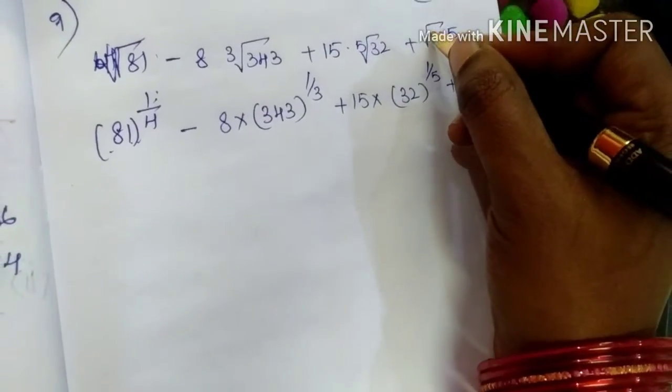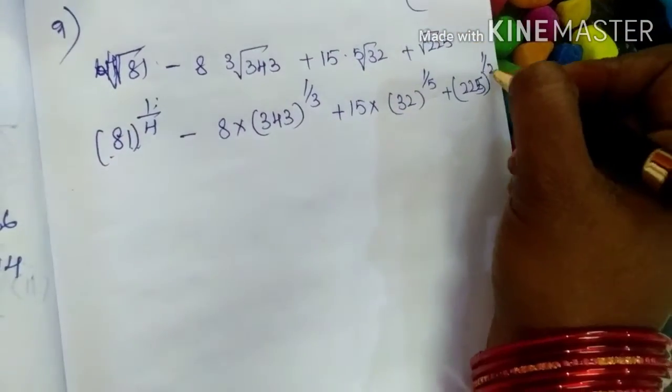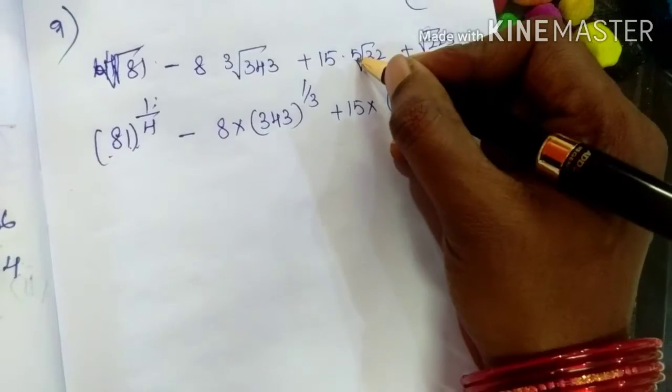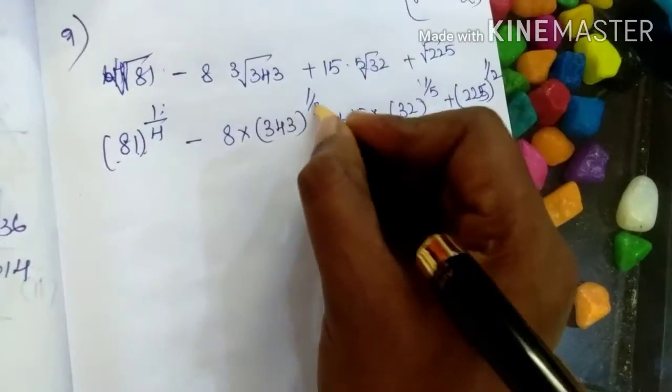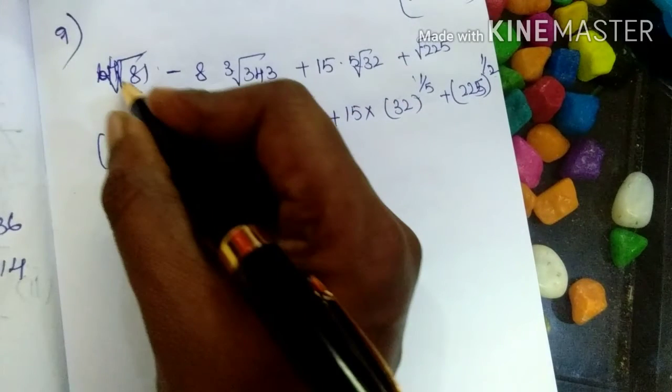This is your square root, meaning you will get 1 by 2. This is your fifth root, 1 by 5. This is your cube root, 1 by 3. This is your fourth root, 1 by 4.